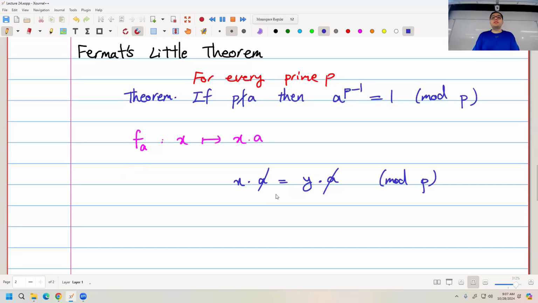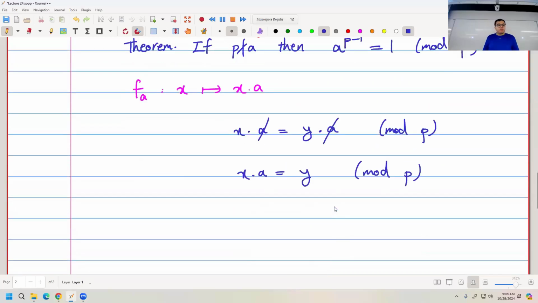Why is it onto? Because suppose I have some number y. Okay. I want to solve x times A equals y modulo P. But I know that A has a modular multiplicative inverse because GCD of A and P is 1.